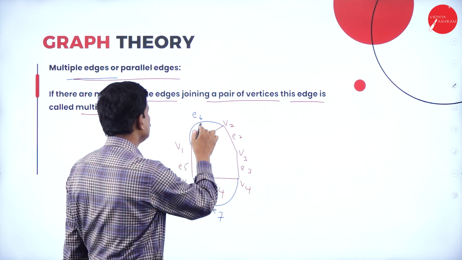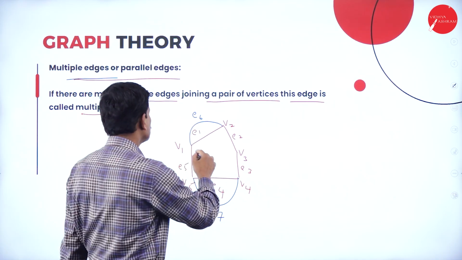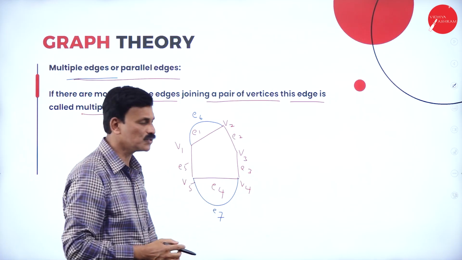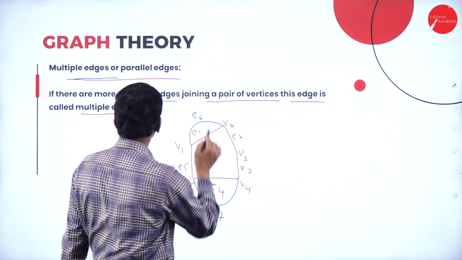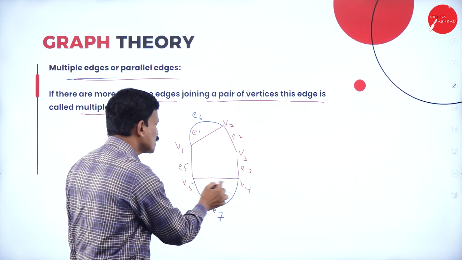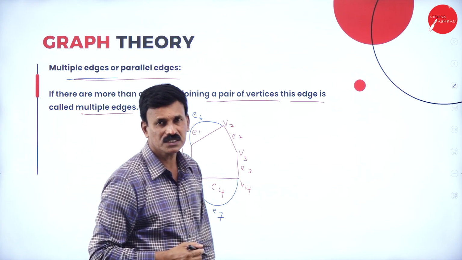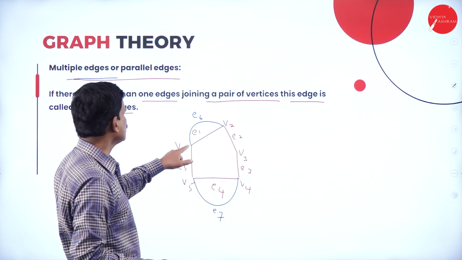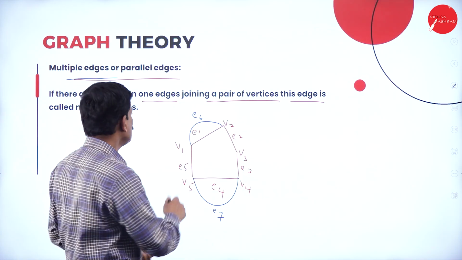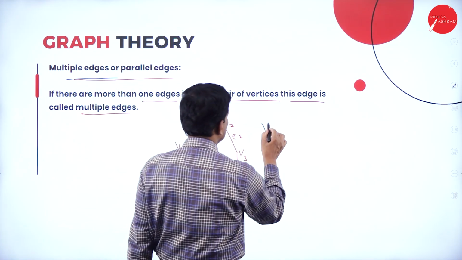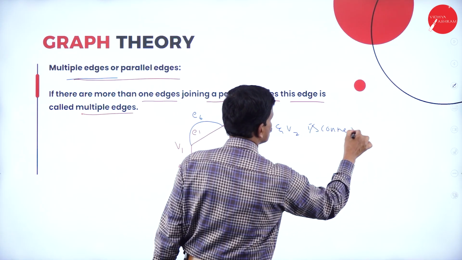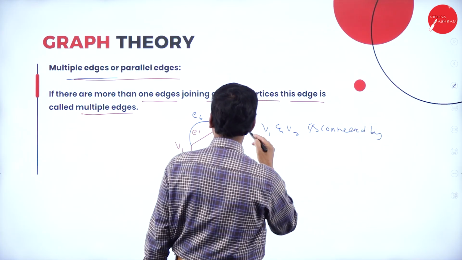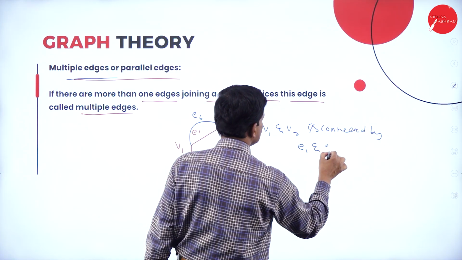E1 and E6 are the multiple edges which join the vertices V1 and V2. Similarly, E4 and E7 are the multiple edges which join the vertices V4 and V5. That means the vertices V1 and V2 are connected by the edges E1 and E6.